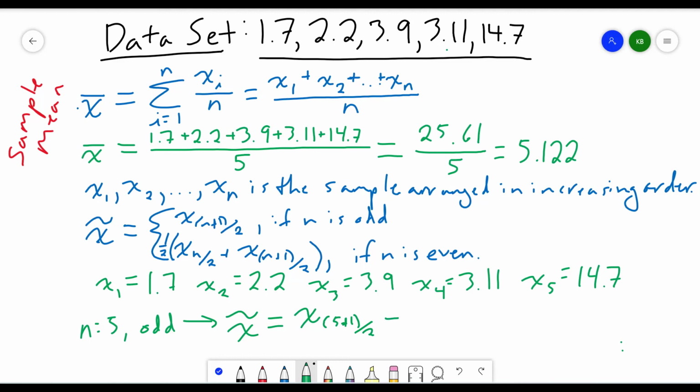So I'm going to do that. I have x sub 6 divided by 2. So I'm looking for x sub 3. So x sub 3 was 3.9. So that's going to be my median. So this is our sample median.